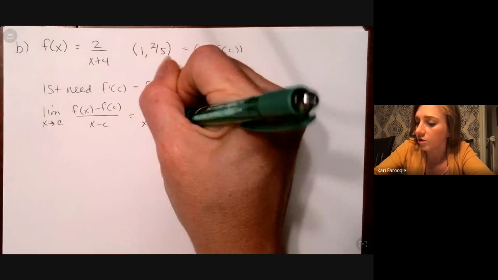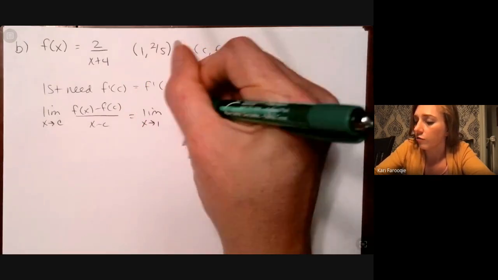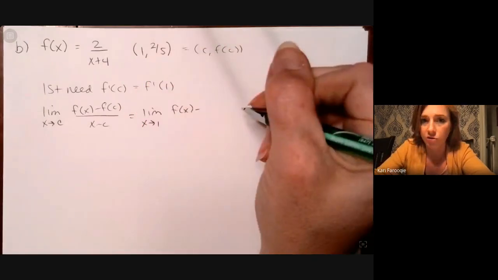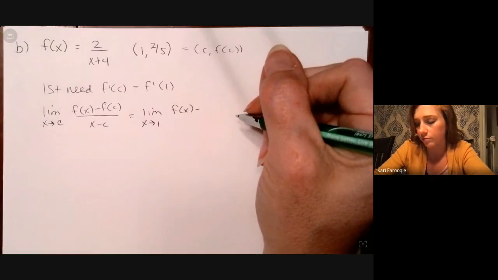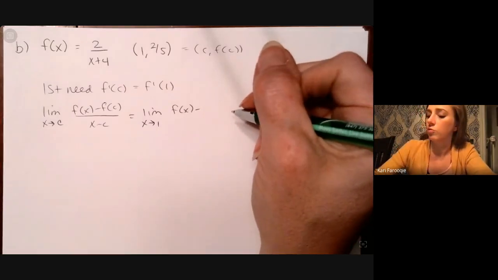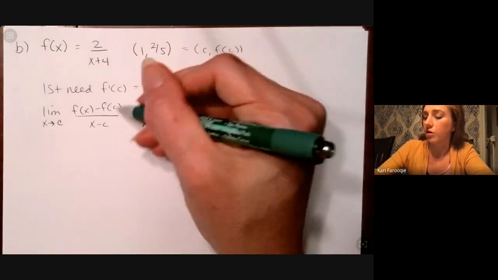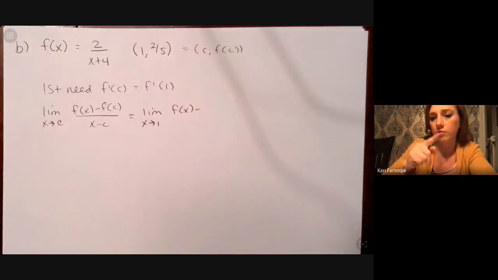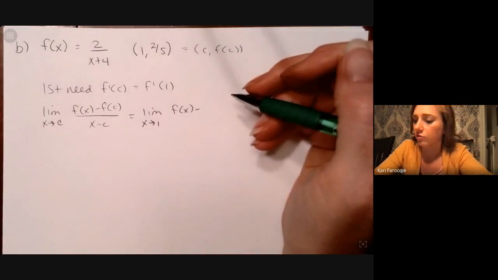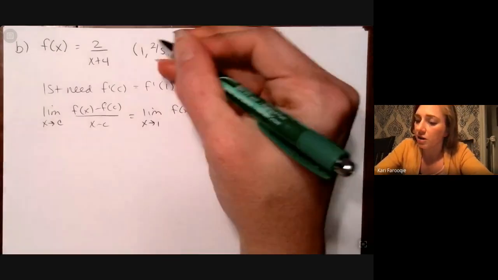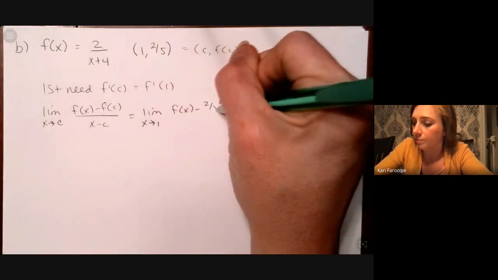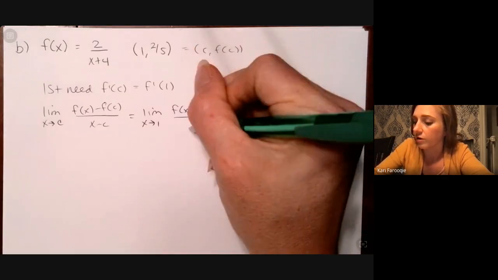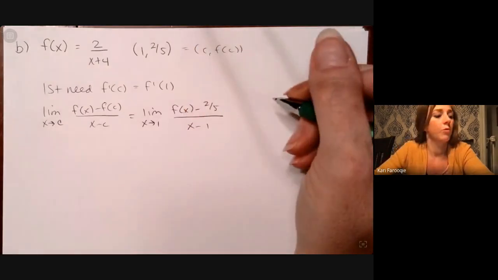So this is the limit as x approaches 1 of f of x. Now x is just a general value of x, doesn't matter. You're going to pick whatever you want at some point, but c is the specific value that we have. So x is the value that we're varying, c is fixed. f of c I gave you as 2/5, and then we'll divide that by x minus 1.